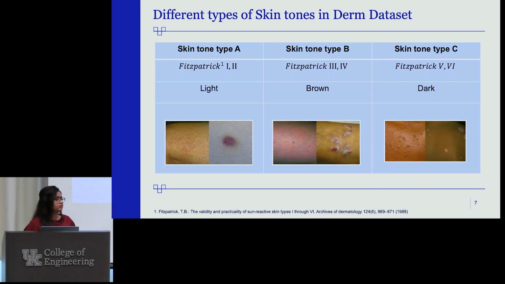Fitzpatrick 1 is the lightest skin tone from their definition and 6 is the darkest, so I divided it equally into 3 classes. Got it. That answers my question.